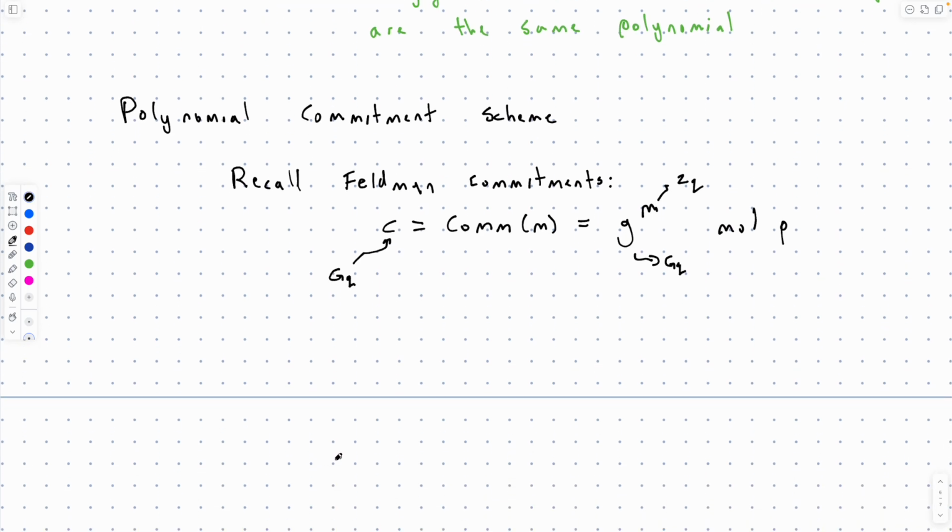Okay. Now, what I want to do is instead of committing to M, I want to commit to a polynomial instead. Okay. So what I can do is let's just try to pencil it in and see what it looks like, and then we can try and solve any problems that arise.